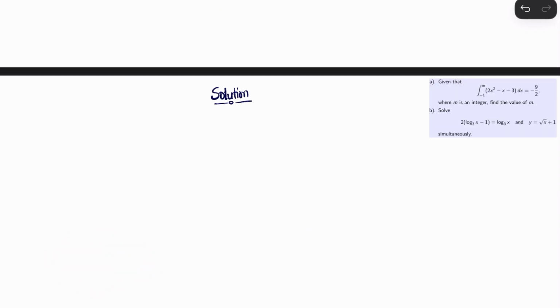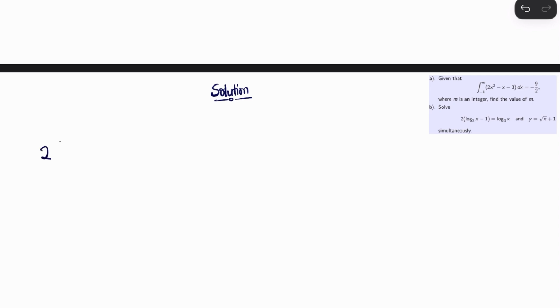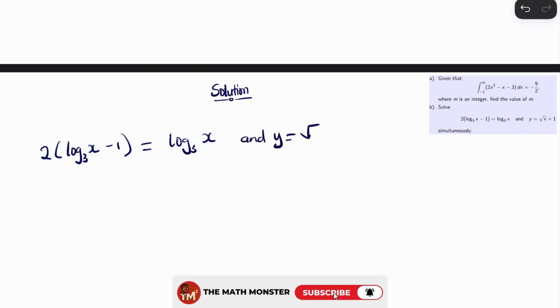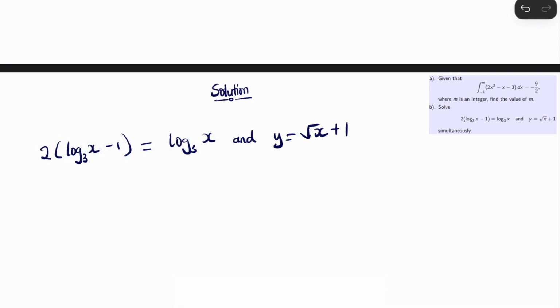With part B, we are given the equation 2(log 3x - 1) = log 3x, and also y = √(x + 1). We are asked to solve these equations simultaneously.